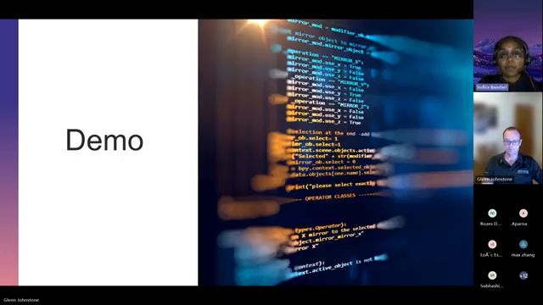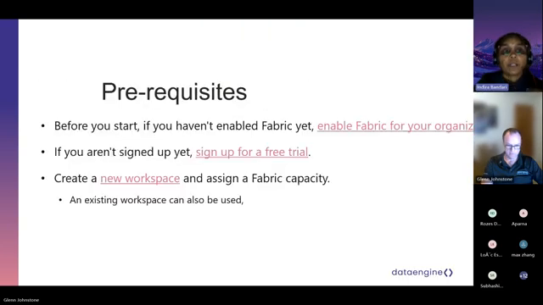Okay, now I think we can go to the demo. But before going to the demo, I want to run through the prerequisites. I think I have a prerequisite slide. I should have put the prerequisite slide before. Okay, so before we start, your organization needs to enable Fabric. And also, if you are not yet signed up, you need to sign up for a free trial.